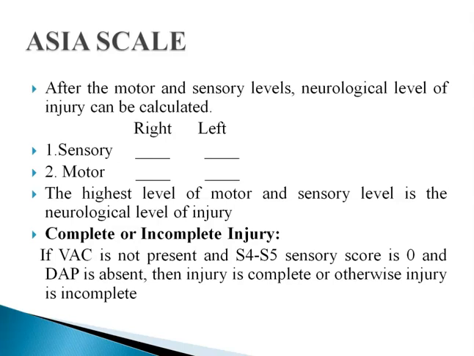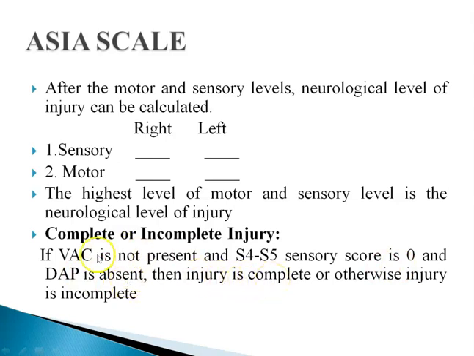What is a complete or incomplete injury? If VAC, that is voluntary anal contraction, is not present, and the S4, S5 sensory score is 0, and DAP, that is deep anal pressure, is also absent, then the injury is complete.